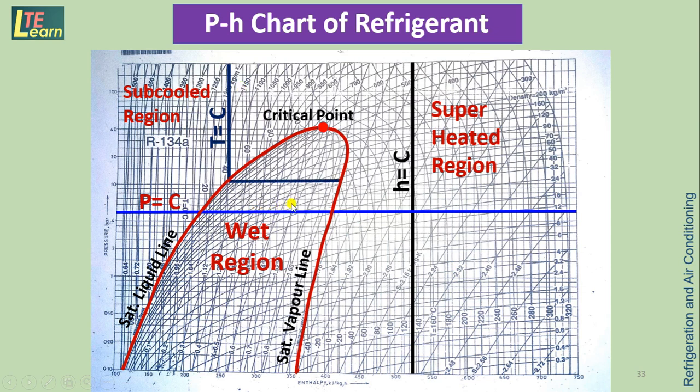It becomes horizontal in wet region and falls down in curved manner in superheated region. Isentropic line means constant entropy line is going in upward direction in inclined way. This is curved line, that is density line. In some charts this line is given as a constant specific volume line.